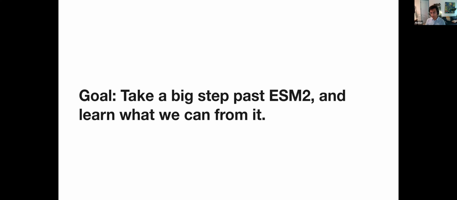But we think it's possible to get to a different level of performance and to have models that are capable of much, much more than existing models. ESM3 was designed to move as far as we can in a direction that we thought was interesting. What we want to do now is understand what it's capable of, what new abilities it has unlocked beyond ESM2, and whether any of the decisions we made were not optimal and whether we can improve them for the next model.